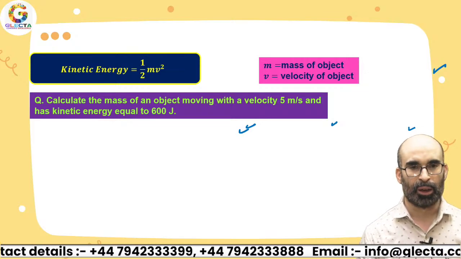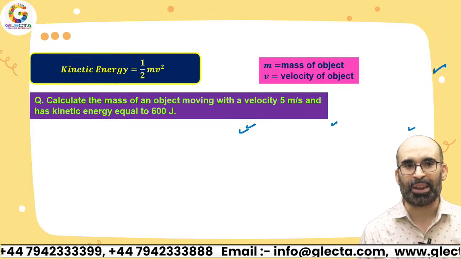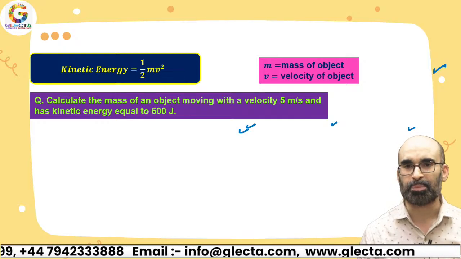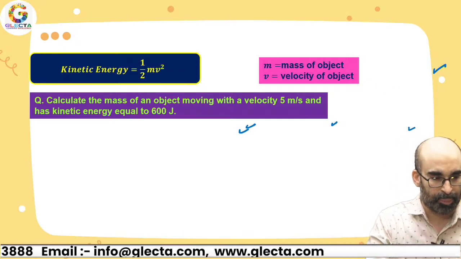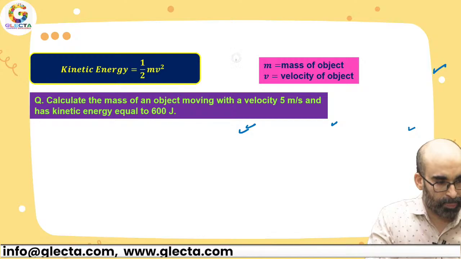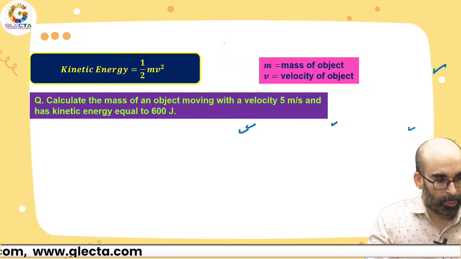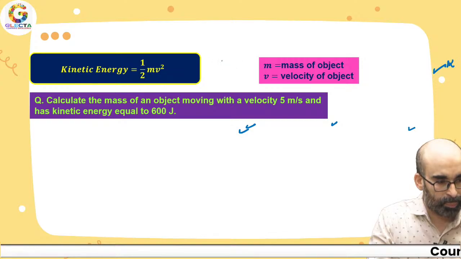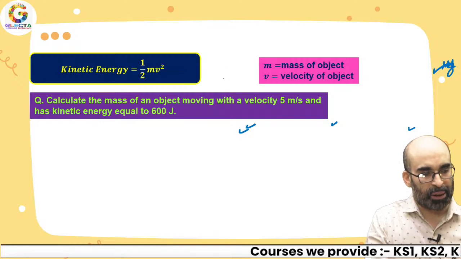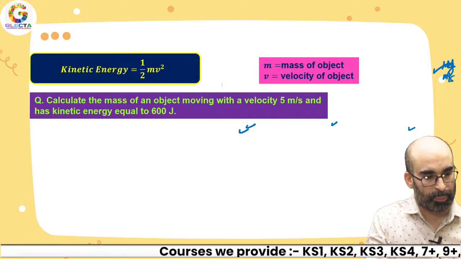You know the equation, right? Mass is measured in kilogram, and speed is measured in meters per second.